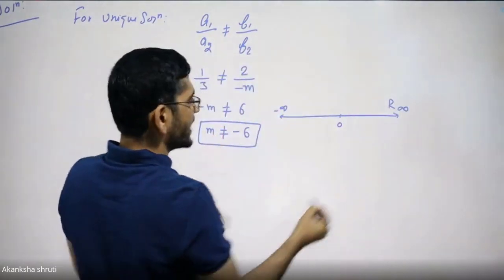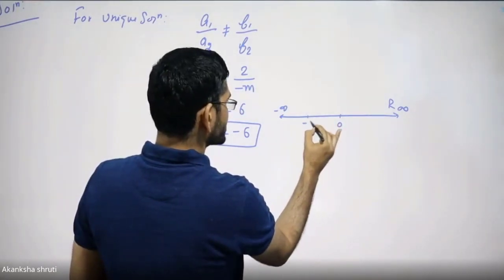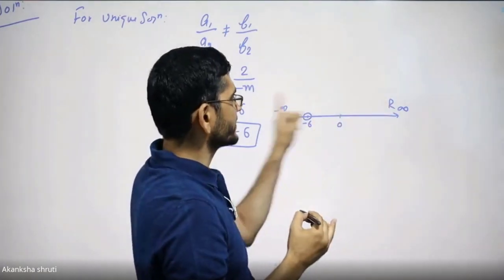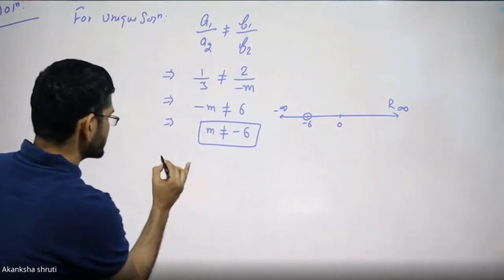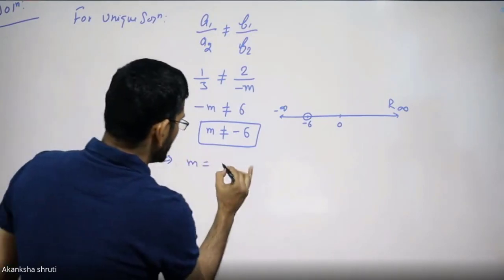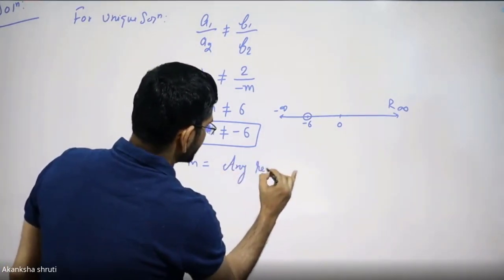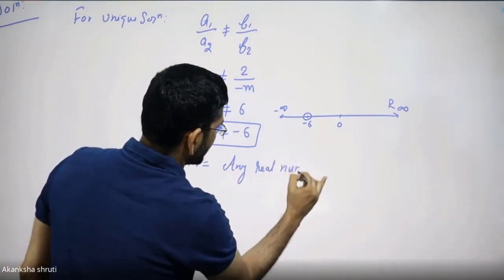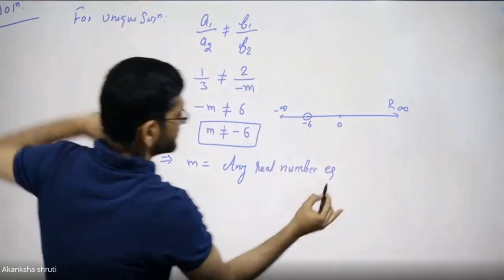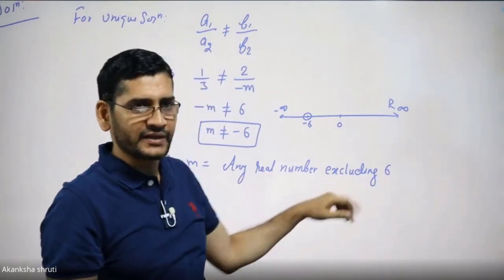But here it indicates that only m should not be minus 6. If minus 6 is here, this value is to be removed from this set of the real number line. So what could be the value of m? m should be equals to any real number excluding 6. Real number excluding 6. So this is the English statement, but in mathematics we are writing the mathematical form.